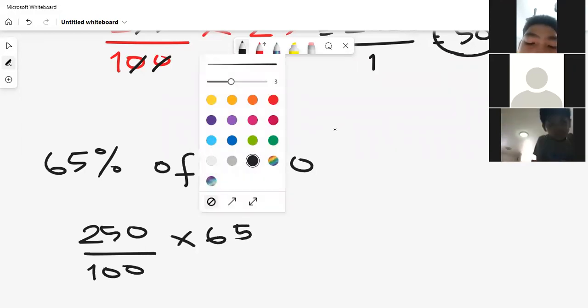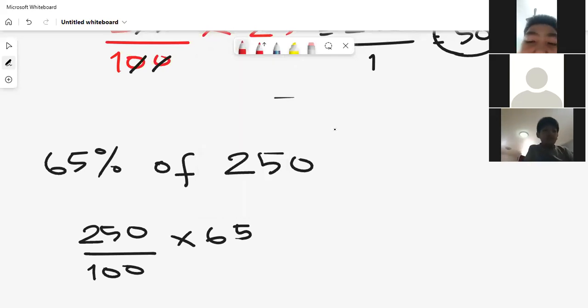Now, how many zeros can we remove? Only 1 zero that we can get. So 250 becomes 25, over 10 times 65.